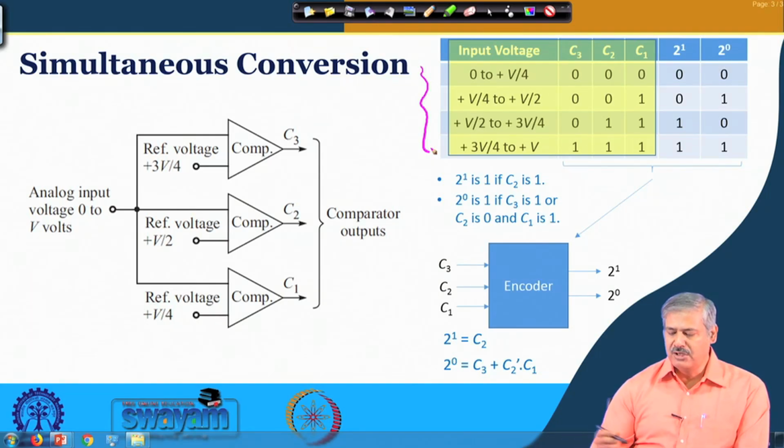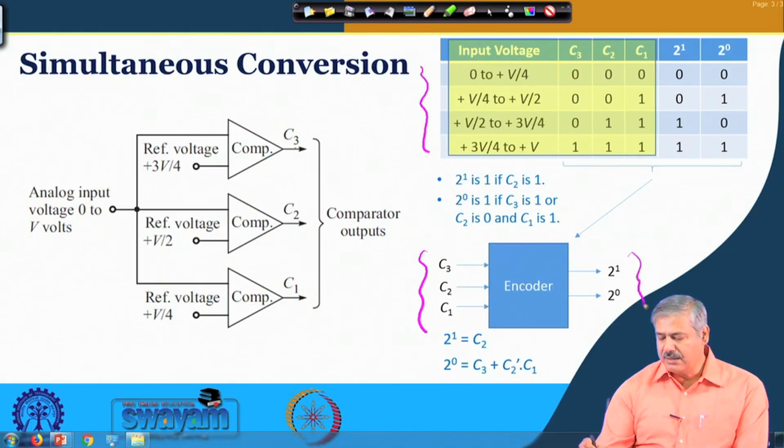So, instead of 3 outputs, C3, C2, C1, we can have an encoding scheme where C3, C2, C1 are the input and we get a binary output. When all of them are 0, that is 0 to plus V by 4, the output will be 0 0. For plus V by 4 to plus V by 2, C3, C2, C1 is 0 0 1, the output will be 0 1. The next one is 1 0 and the next one is 1 1. This is one kind of mapping we can think of. Is it okay? So, how can we get this encoding done?